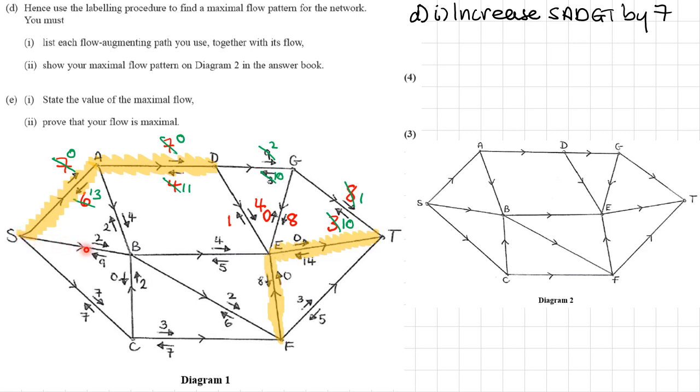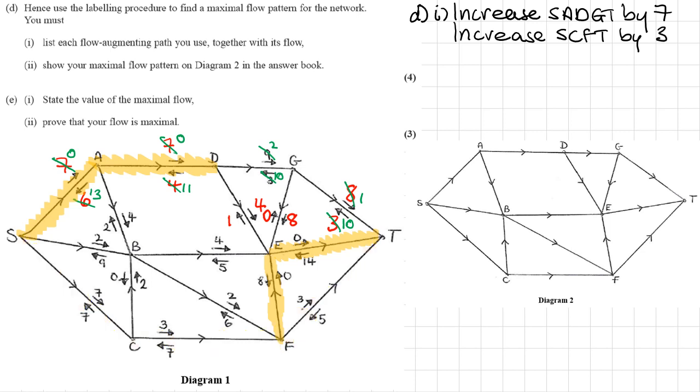Now if I went along SB, wherever I go next, the most I can increase it by is 2. However, if I do SCFT 733, I can increase that root by 3. So let's just highlight that root so you can see which one I'm talking about, and then write down that we're going to increase SCFT by 3.